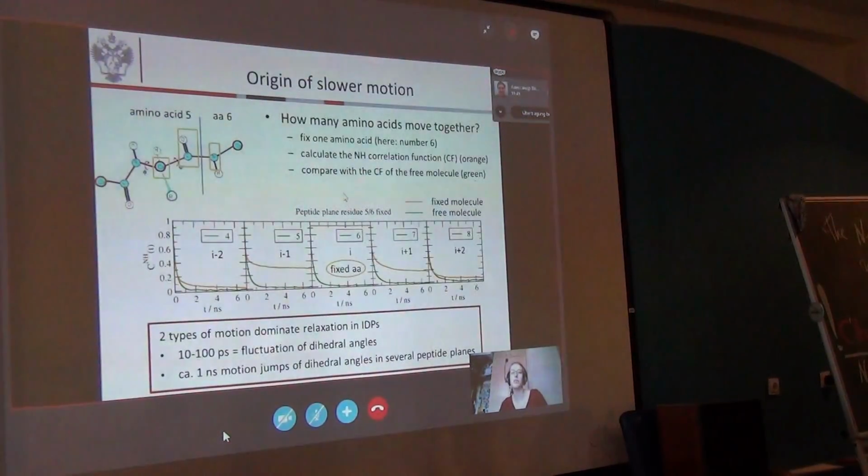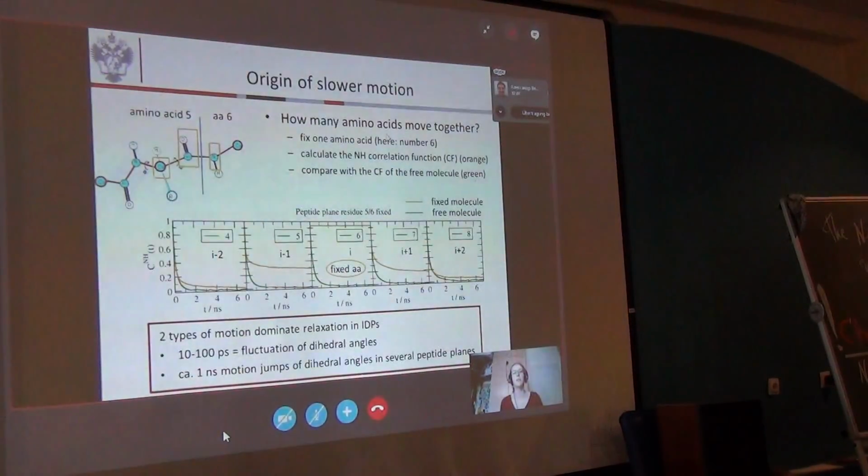We wanted to know how many amino acids move together. So in principle, the question is: when I fix one amino acid, how long is the distance until the amino acids move freely again?